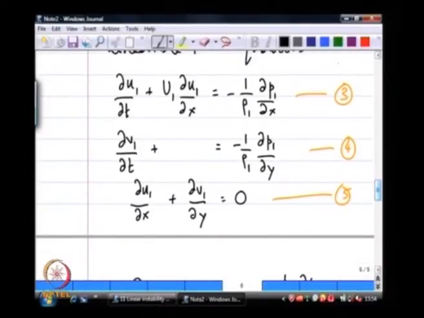Now, these are the equations that govern my fluid 1.